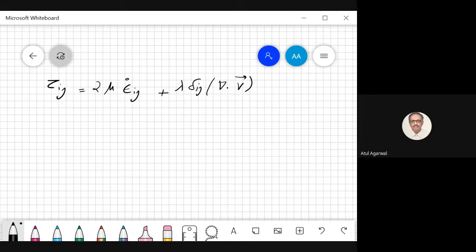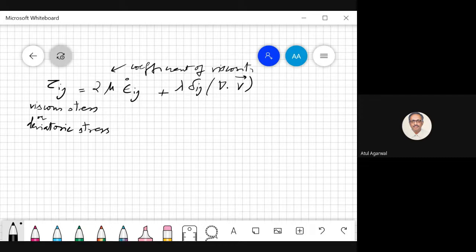This is your viscous stress or deviatoric stress. This is your coefficient of viscosity. This is known as bulk viscosity. All other terms were explained to you.